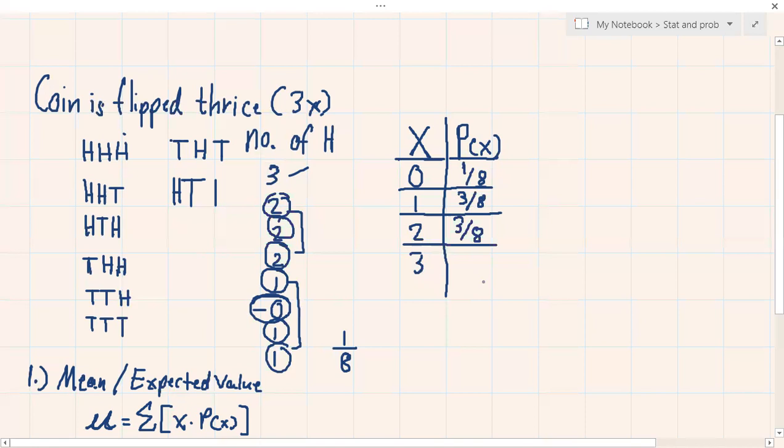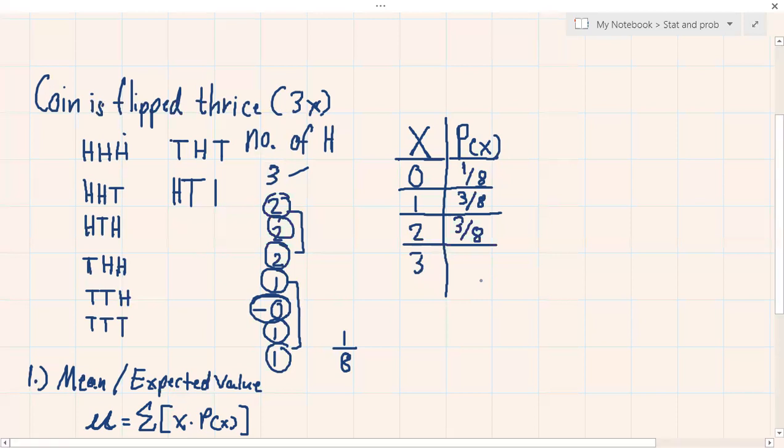Okay? So, ulitin ko, there are 3 out of 8 possible outcomes na kung saan yung sa pag-flip mo ng coin ng 3 beses, there would be 2 heads present.